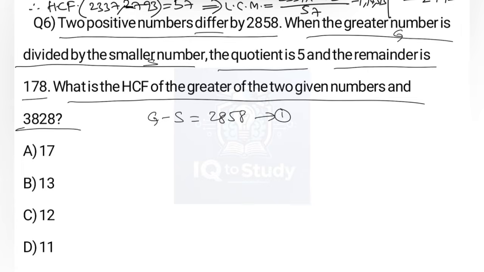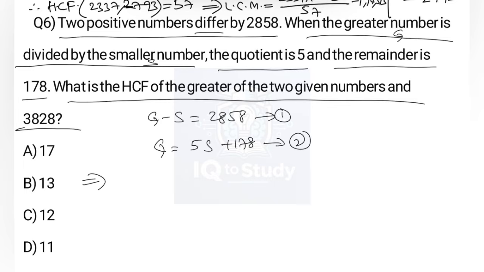And they said, when greater number is divided by smaller number, the quotient is 5. It means G is equal to 5S plus 178, which is the remainder. Let it be equation 2. Substitute equation 2 in equation 1.